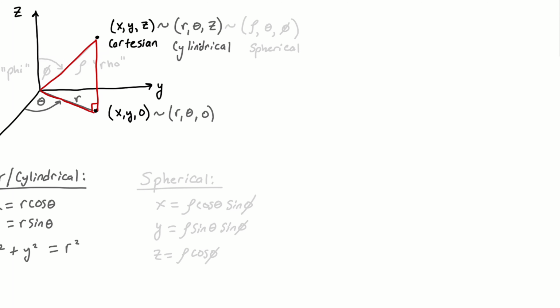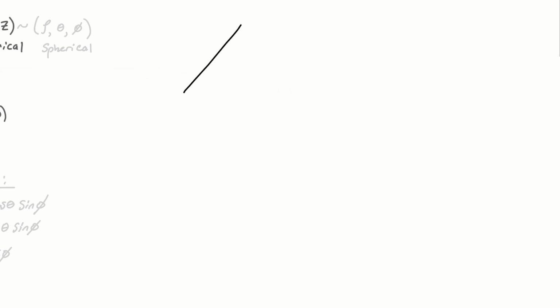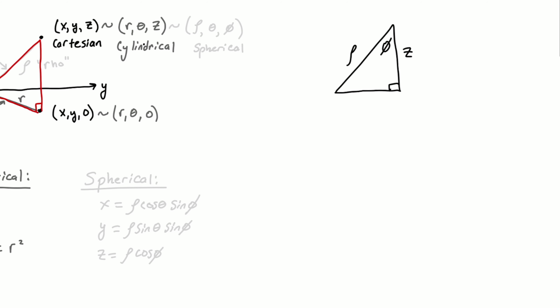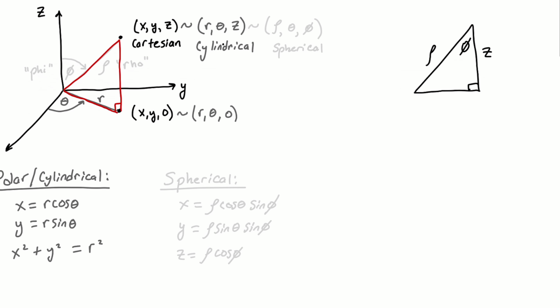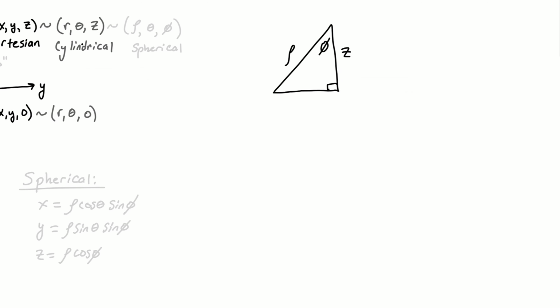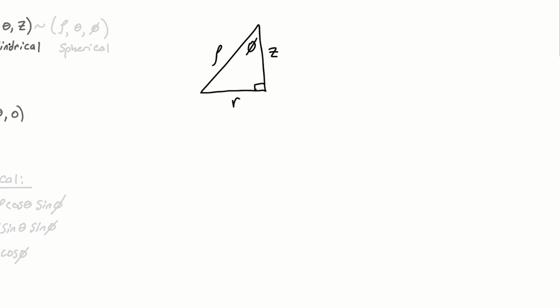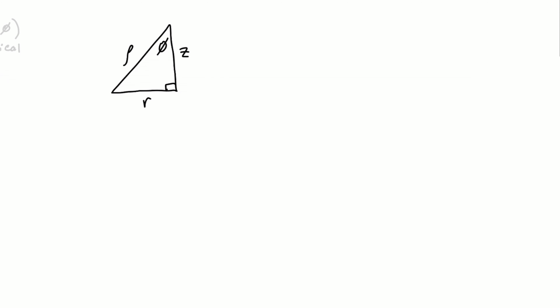So, moving over here a little bit, we have a right triangle with an angle phi, hypotenuse length rho, and then this adjacent side z. And this bottom side here is r. So let's also import that, so r. All right.